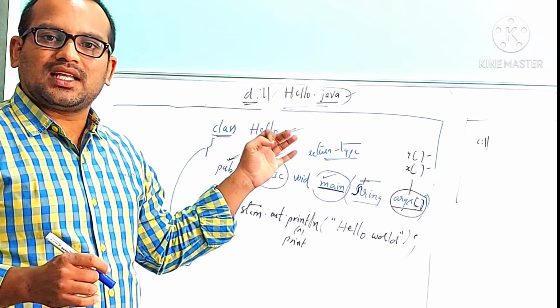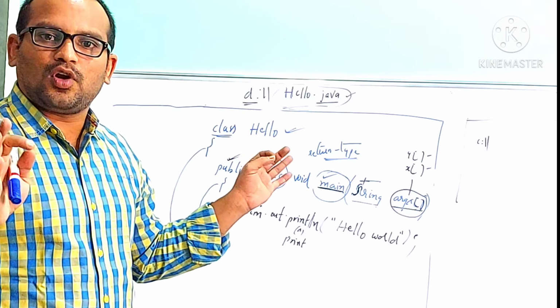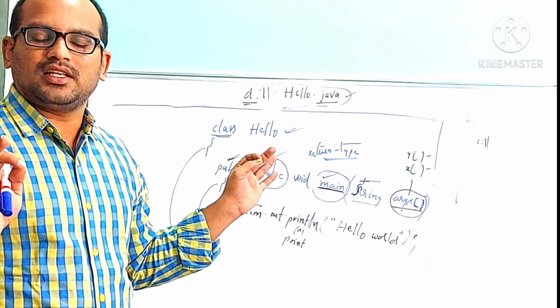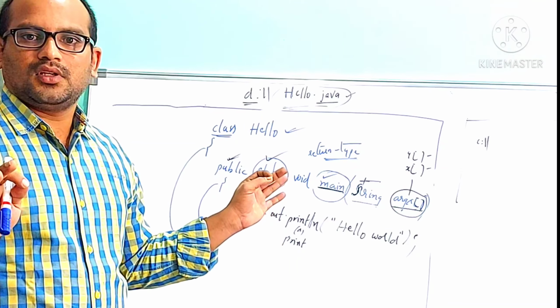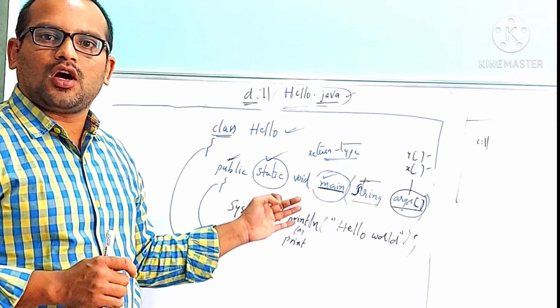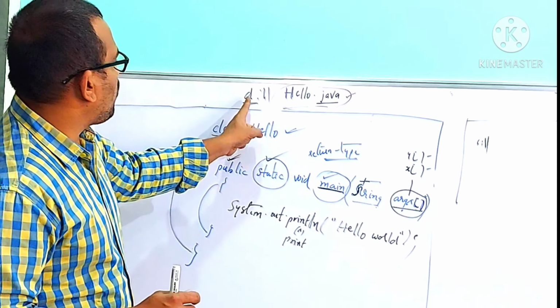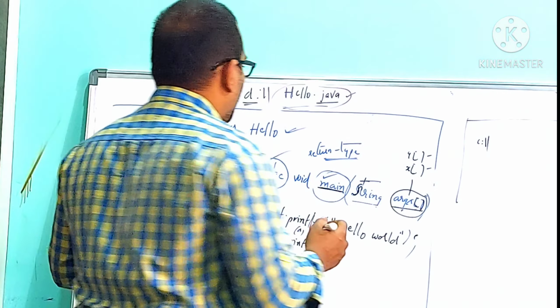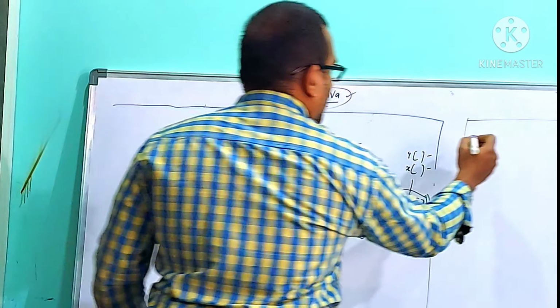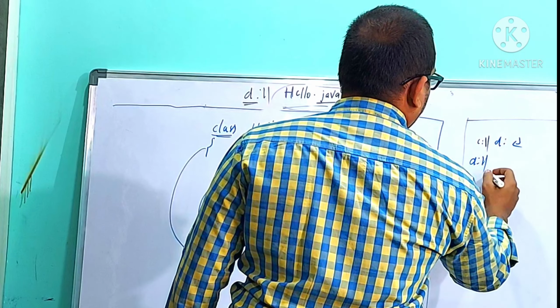So you need to save the program inside the bin folder only. If you already set the class path, then you can save the program anywhere, in any drive in the computer. If you save the program in D drive, you need to go to D drive like D: and press Enter. So it enters into D drive.